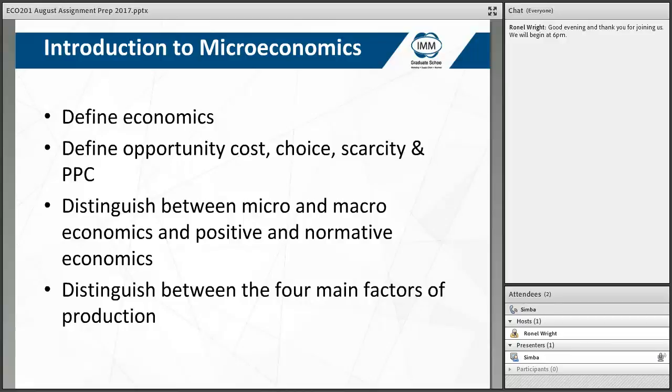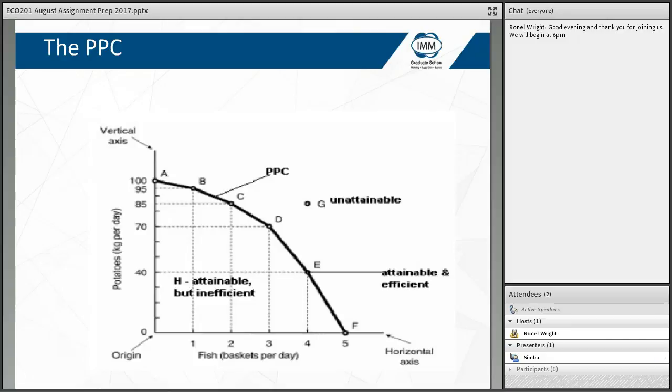Economics is basically grounded on the fact that our resources, which are our factors of production, are scarce. So it is important to be able to define opportunity cost, choices, and scarcity. For us to do that, we normally use the PPC, which we are going to deal with as we proceed. We're also going to distinguish between microeconomics and macroeconomics, and between the four main factors of production.